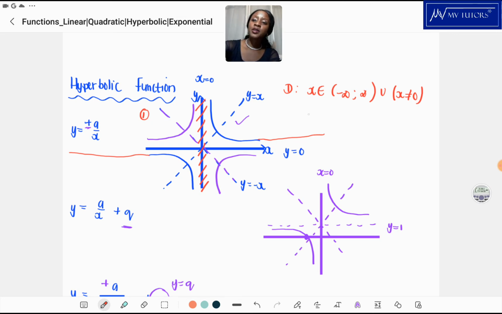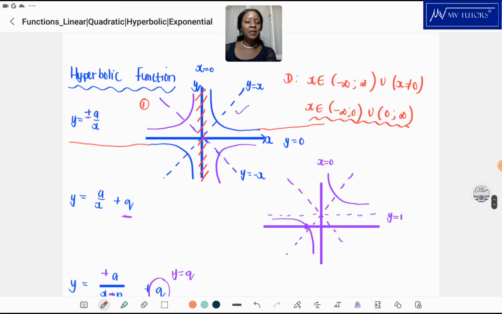You could say that we went from negative infinity to 0, and 0 will have a round bracket, because it never touches the y-axis, so you can't put a square bracket there. And we could also then say we go from 0 to positive infinity. I actually prefer writing it this way. That's one way of writing it.